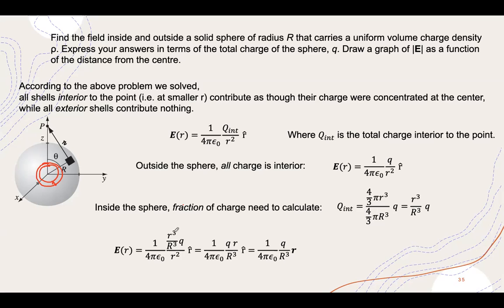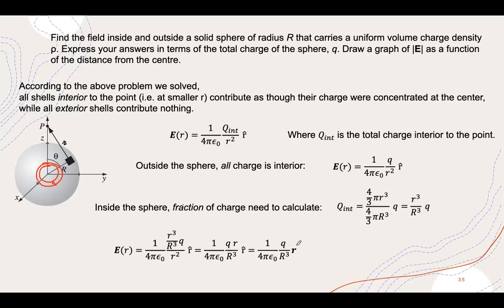This r cube basically cancels with the r square in the denominator, and then it gives us r here. Obviously this R cube is a constant because this is the radius of the sphere, so we can just substitute here. Now we know that r cap is nothing but the r vector, so this r vector can be written as this.